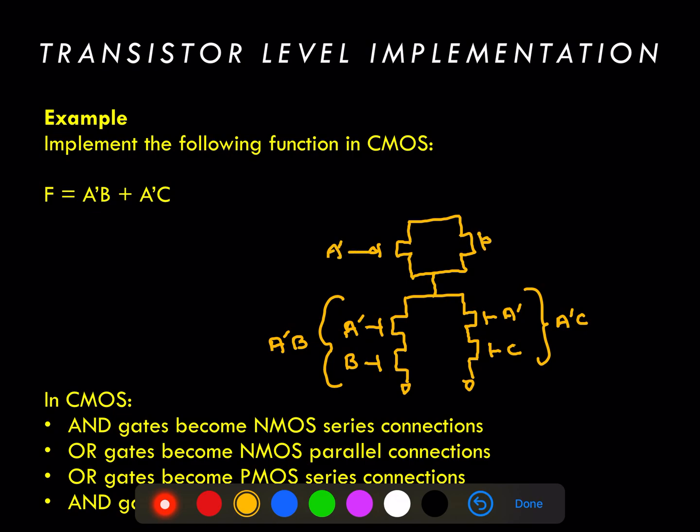So A naught and C in the PMOS half of the circuit will be implemented as 2 transistors in parallel, and likewise for A naught and B. All roads through PMOS end up connected to VDD, so we'll show that connection as well.